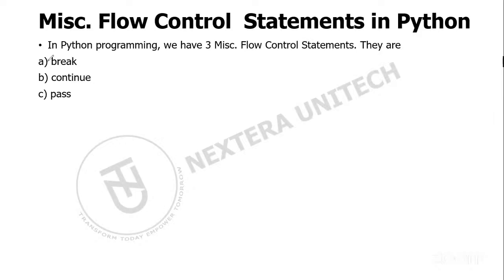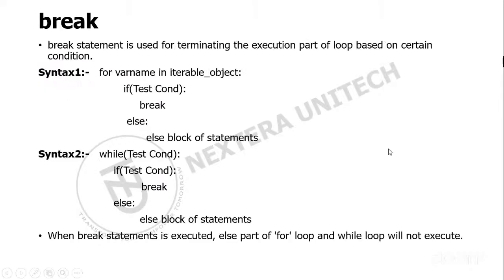What are they? Break, continue, and pass. So let us understand one by one, guys. How do these three statements help us to control the loops?